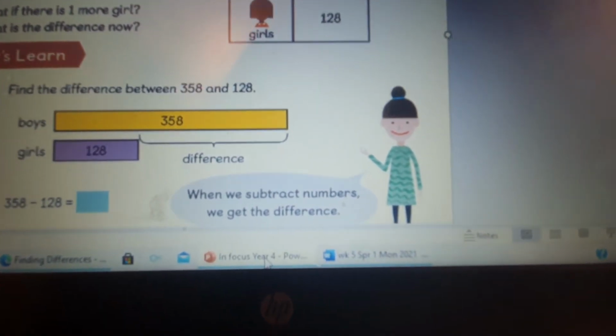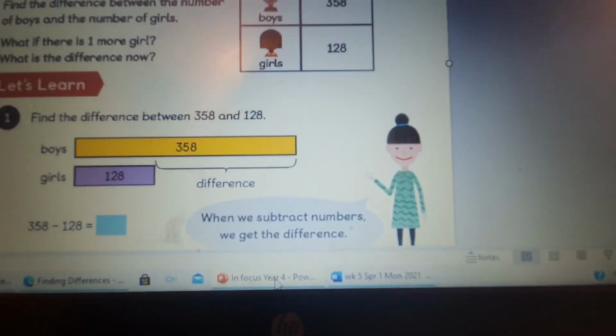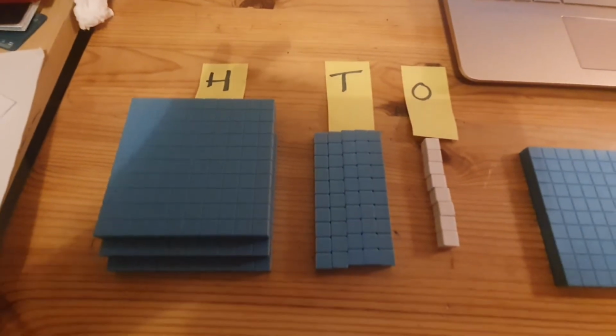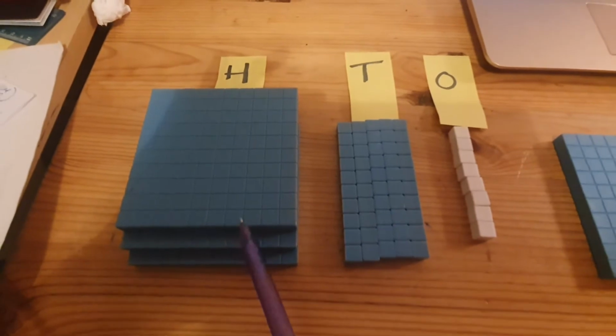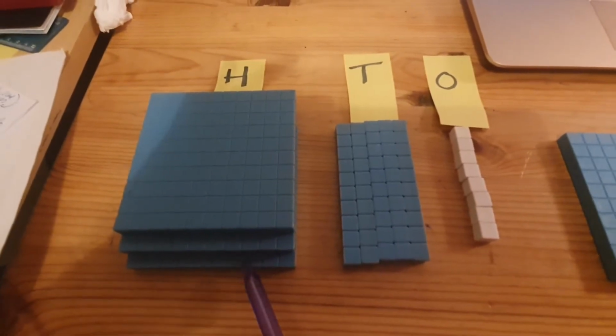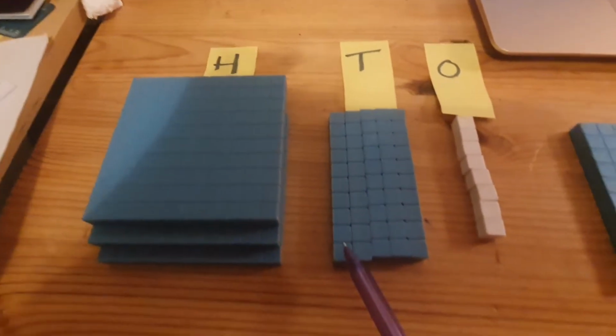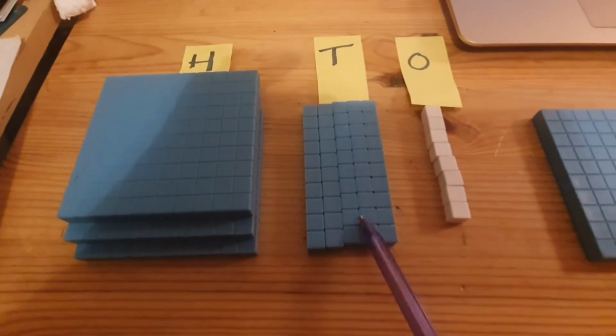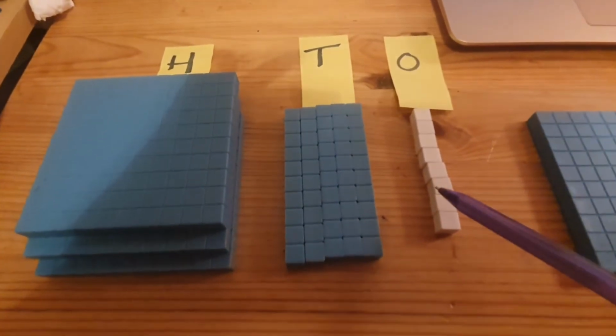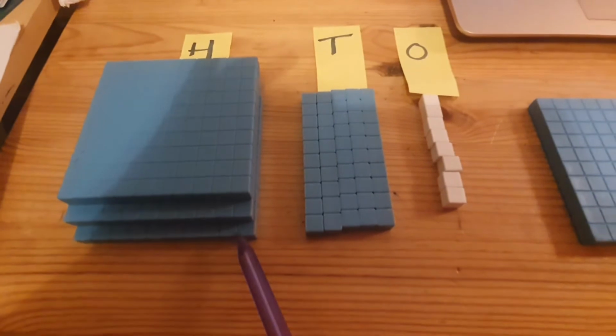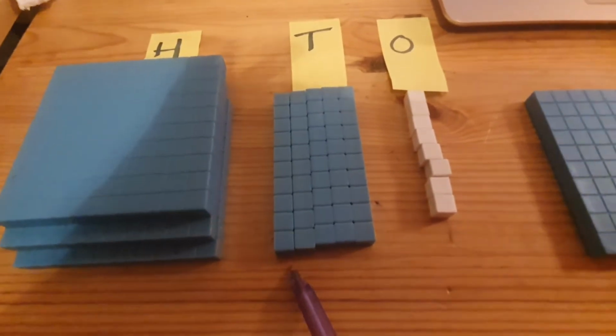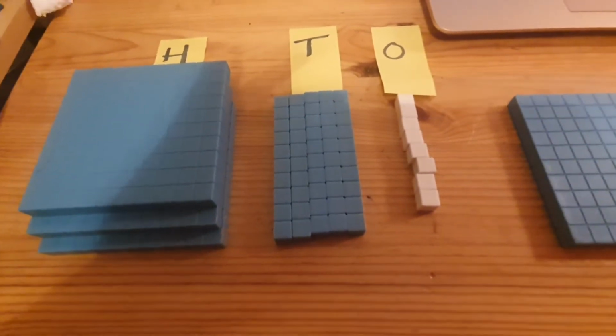So it says when we subtract numbers, we get the difference. So let's have a look at those numbers. So we can see we've got 100, 200, 300. And our tens, 10, 20, 30, 40, 50. And 8 ones. So it'll be 358.